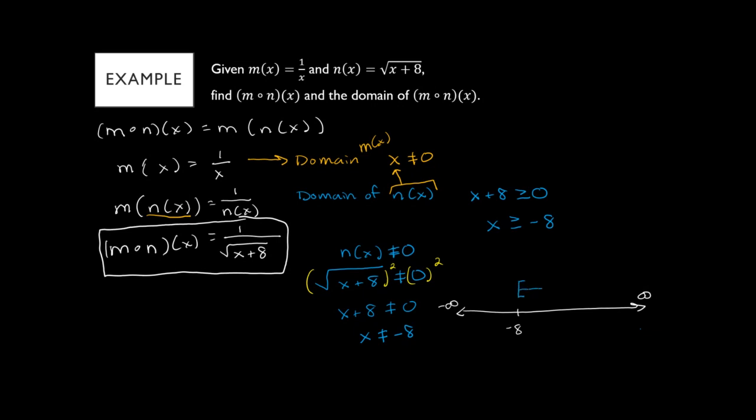So that would look like this. We can include negative 8. The domain, once we plugged n of x into m, says it's any value but negative 8. So it's like you have an open circle at negative 8, and it can be any other value. So that comes from this right here.